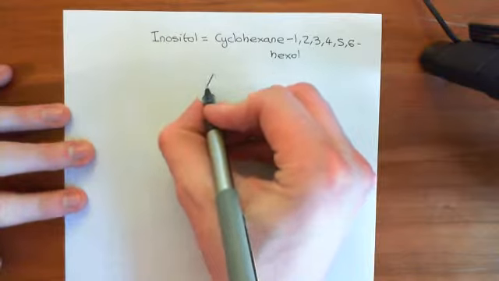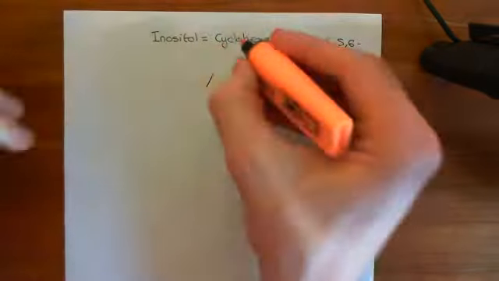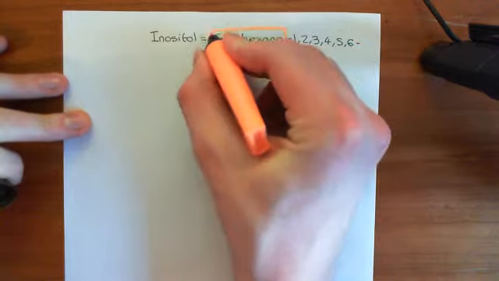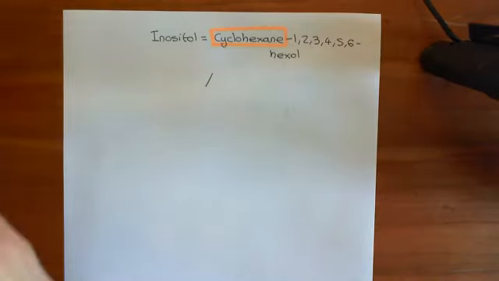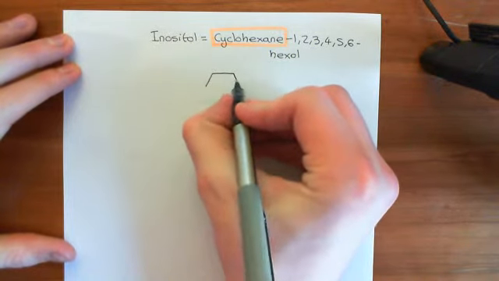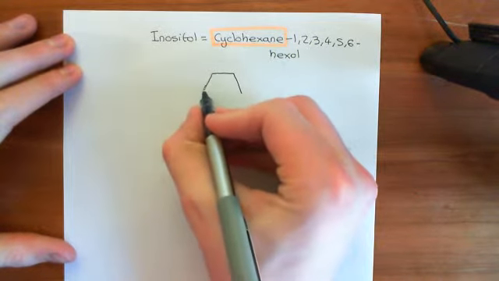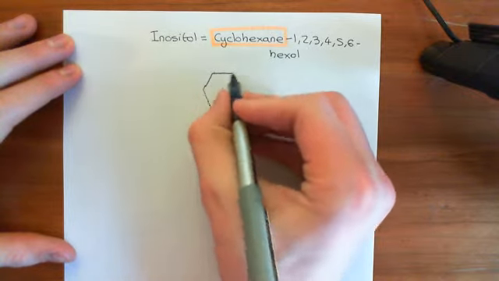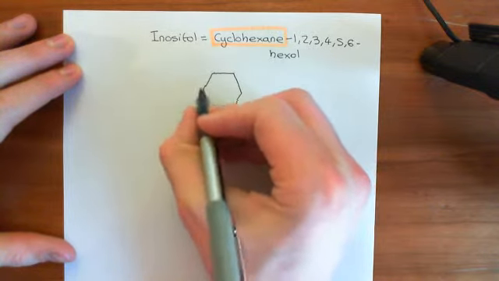So cyclohexane, firstly, tells us that we're dealing with a 6-carbon molecule where the 6 carbons are wrapped around in a loop and all the bonds between the 6 carbons are single bonds, like so. So 1, 2, 3, 4, 5, 6 carbons.